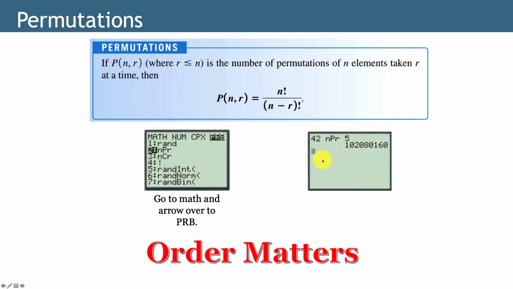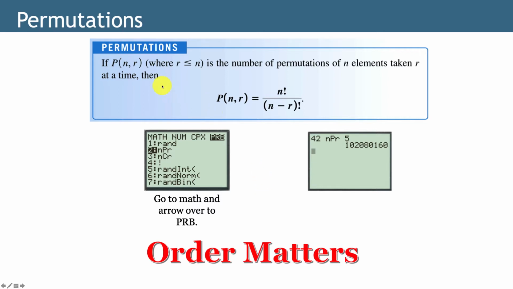On the smaller calculators, there's a PRB button somewhere probably on your calculator, and that's where you would find these. So actually nPr, nCr, and the factorial should all be under that PRB key on those smaller calculators.